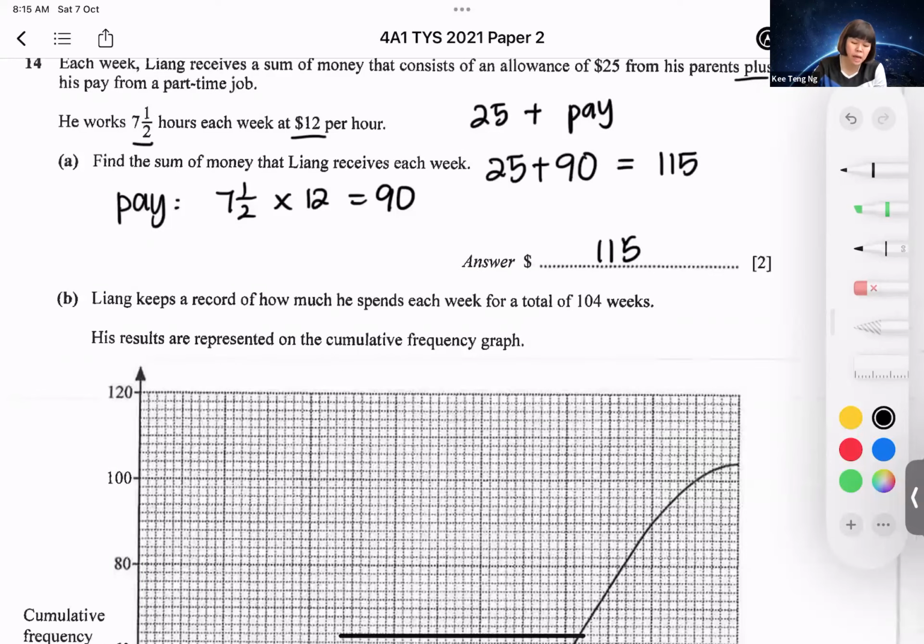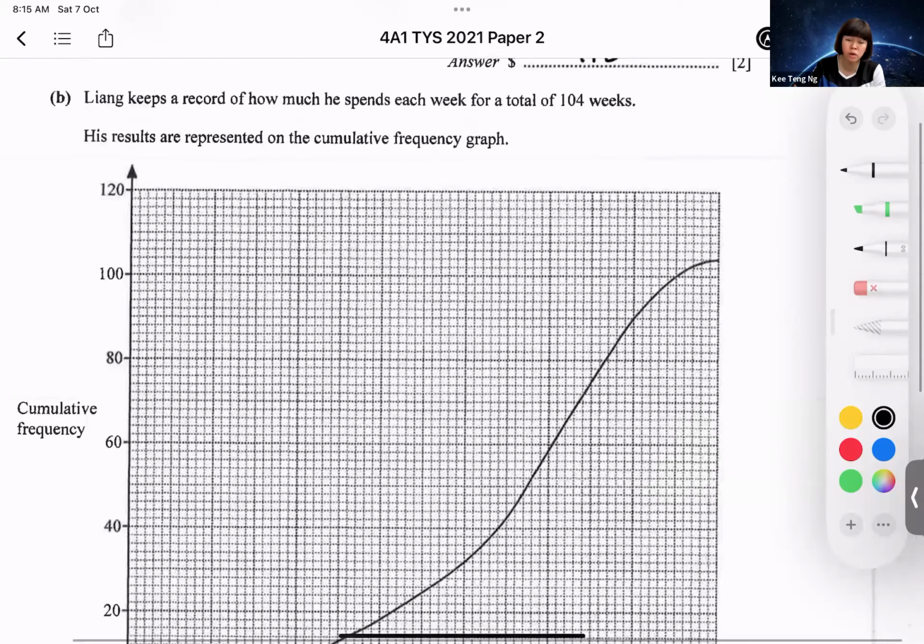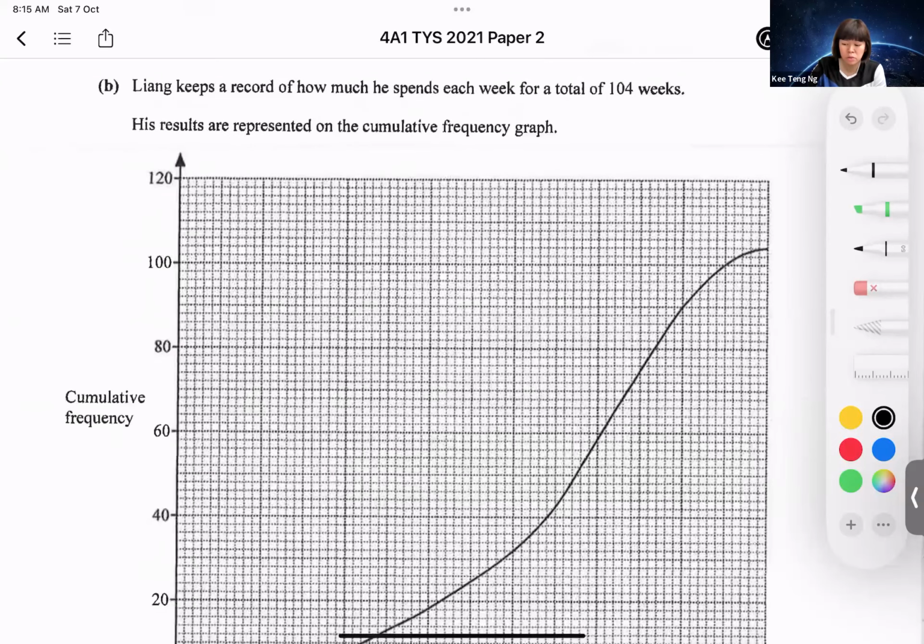Part B, Liang keeps a record of how much he spends each week for a total of 104 weeks. Now, observe. Notice this axis here stops at 120, but my curve stops at the total number. What is the total number? 104.